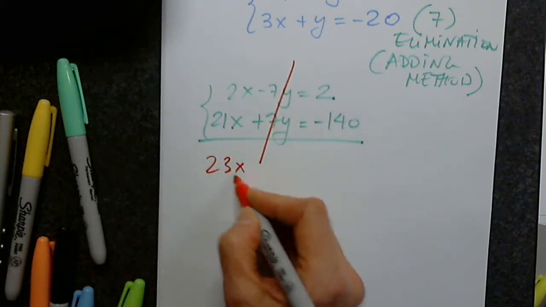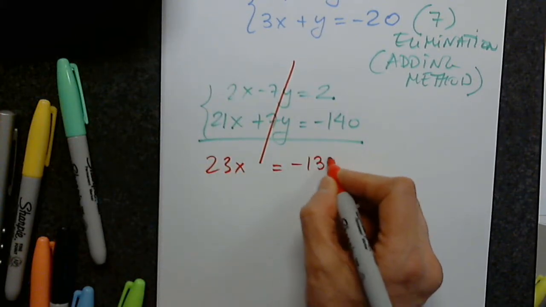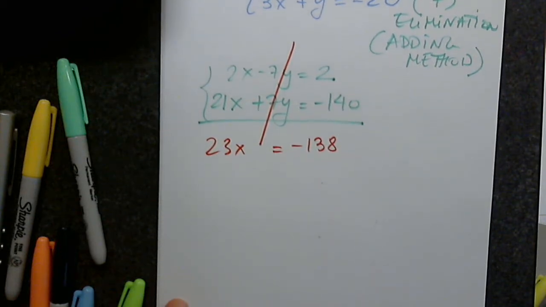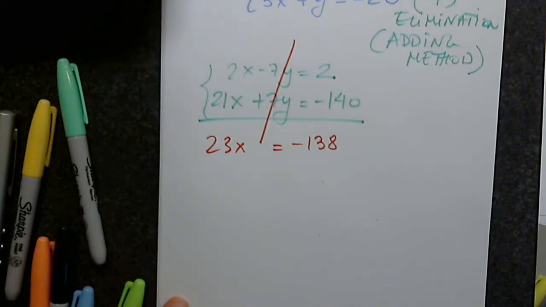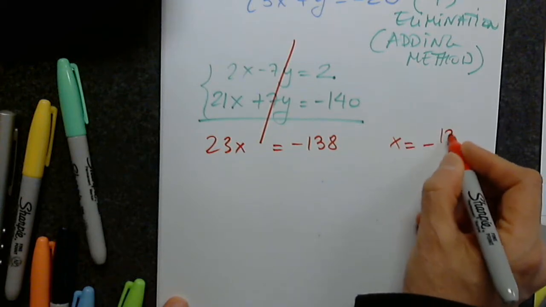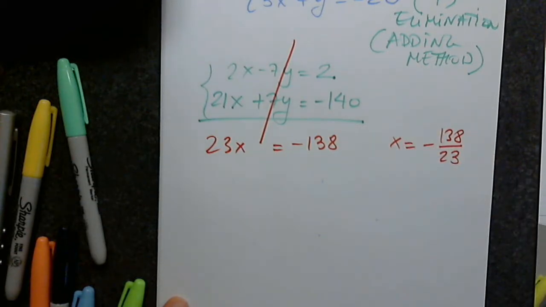So 23x equals -138. X equals -138 divided by 23. How much is x? -6.